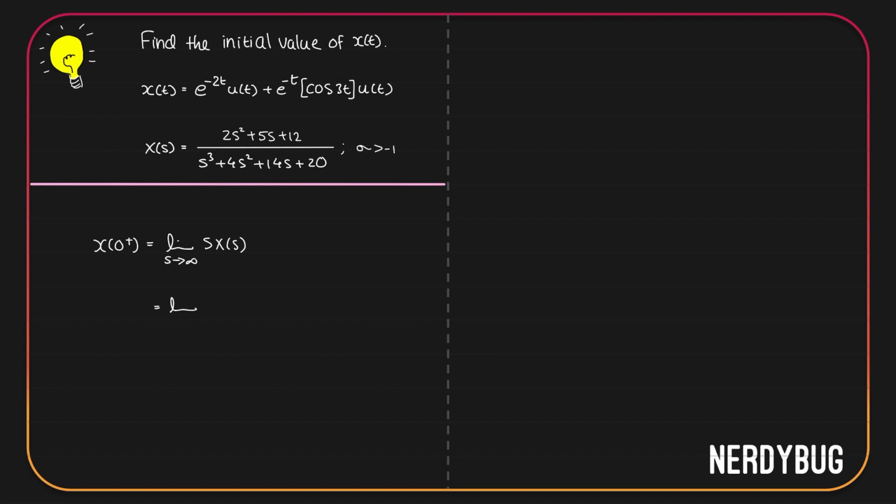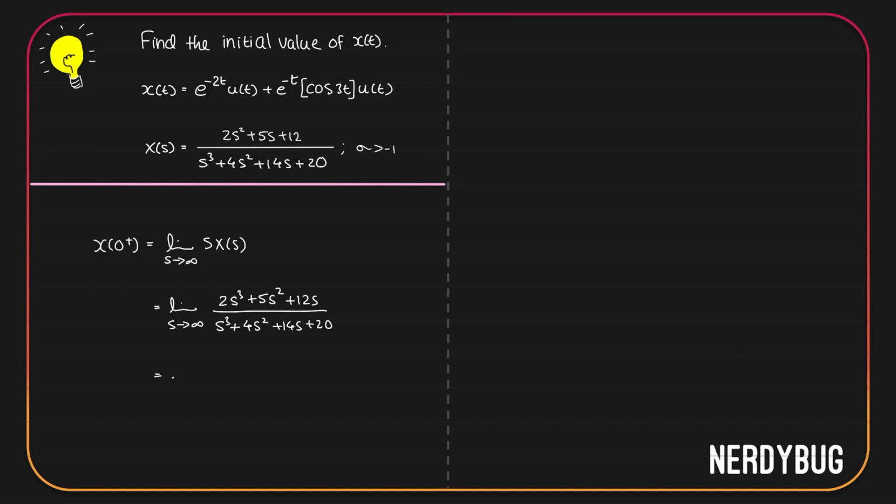So we get limit s tends to infinity. Multiplying X(s) with s, we get (2s cube plus 5s square plus 12s) divided by (s cube plus 4s square plus 14s plus 20). Here s is infinity, so we can't directly give infinity here. What we do is we divide the numerator and the denominator by s cube.